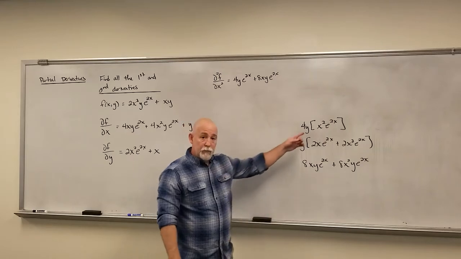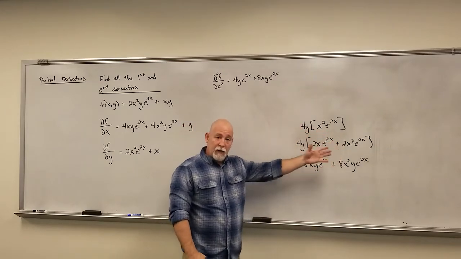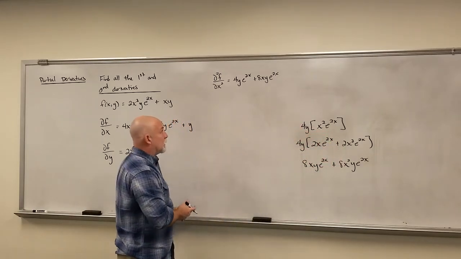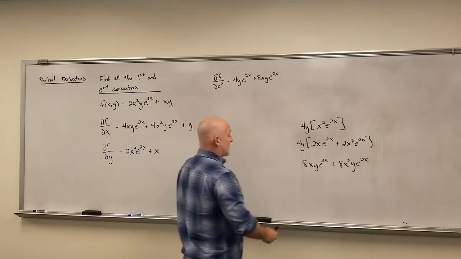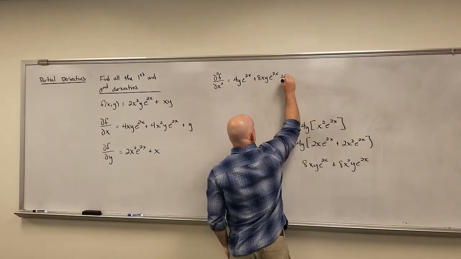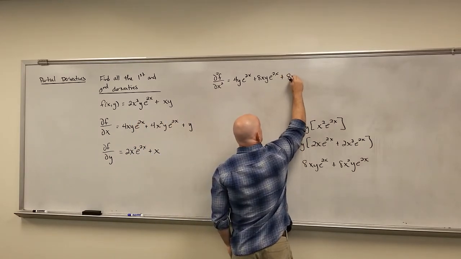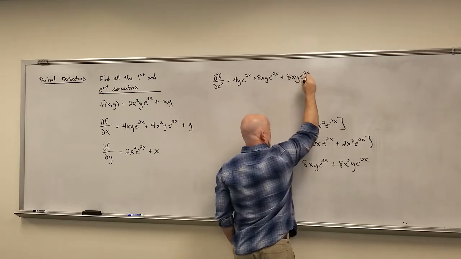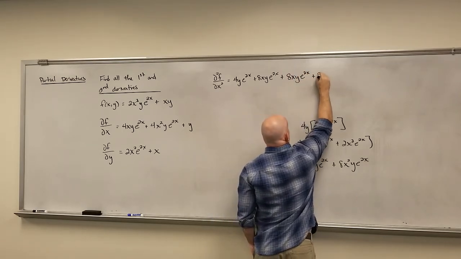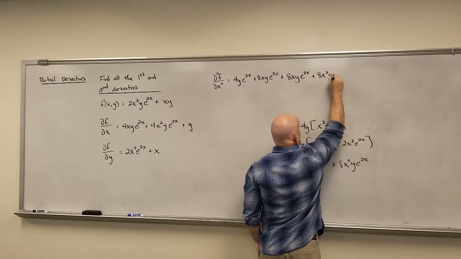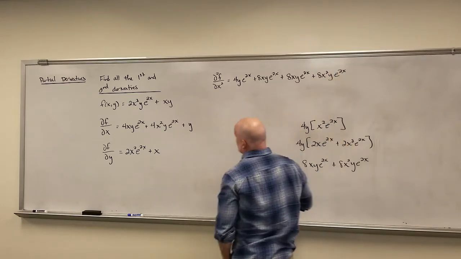So again, if you're still doing the u-v thing, that's fine. Just go over to the side, pick your u, pick your v, and then put it together. So that's the derivative of the second term: plus 8xy e to the 2x plus 8x squared y e to the 2x.